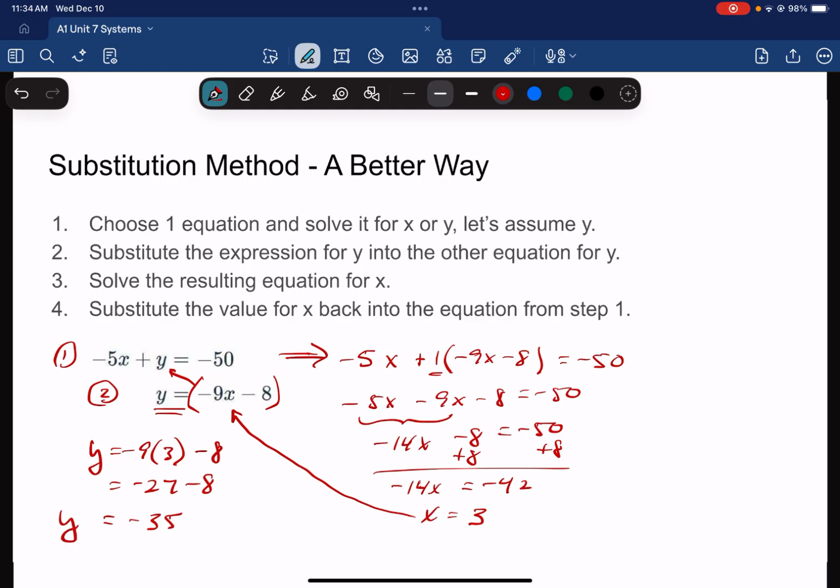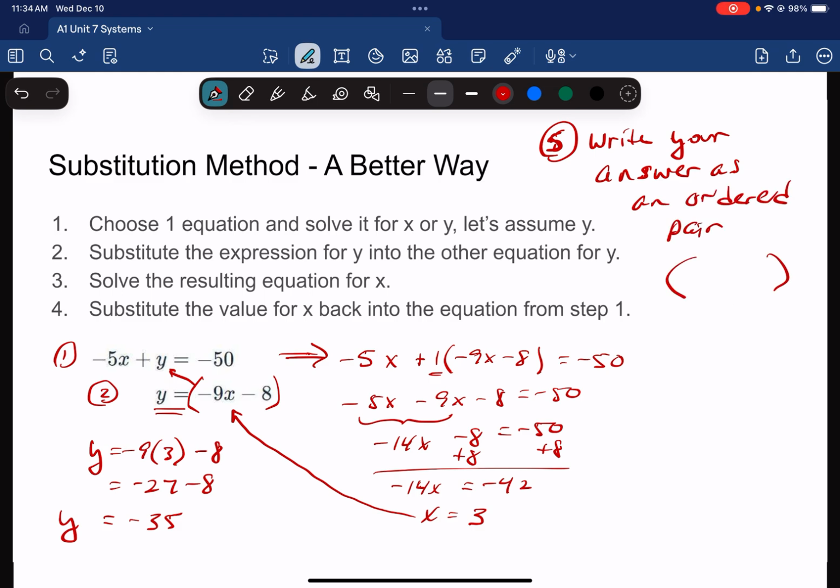Now make an ordered pair. Step 5: write your answer as an ordered pair. So 3, negative 35. There's our answer.